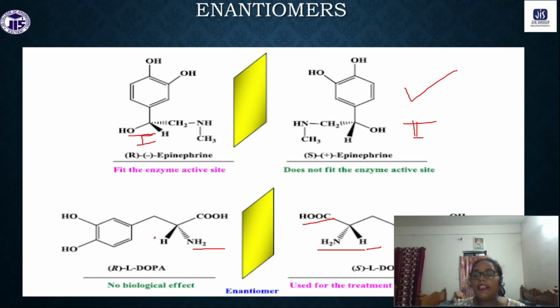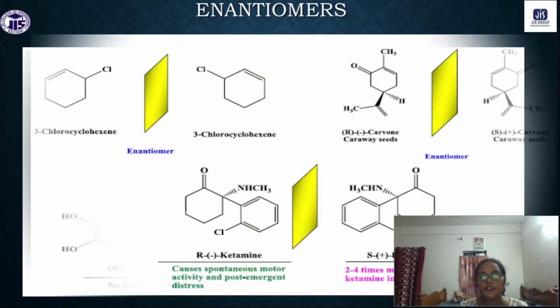Now if we want to superimpose this, all these groups will go to the right-hand side, and only the two hydroxyl groups will be here, which is not superimposable at all. So these are some examples of enantiomers.